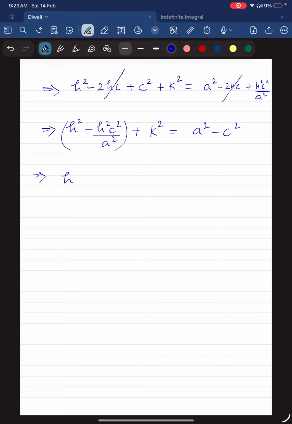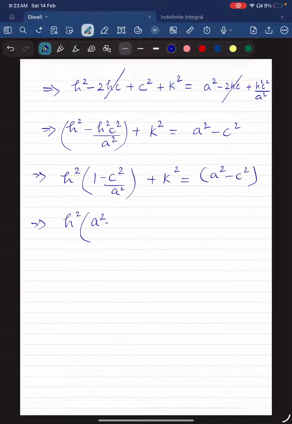Finally, I'm taking H square common in these two expressions. So I'm left with 1 minus C square by A square plus K square is equal to A square minus C square. Finally, this becomes H square into A square minus C square upon A square plus K square is equal to A square minus C square.